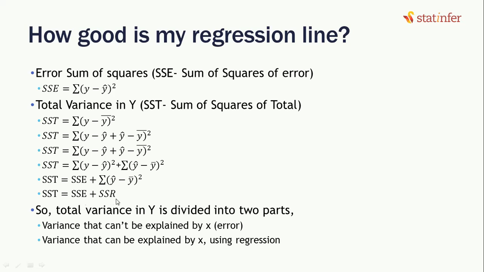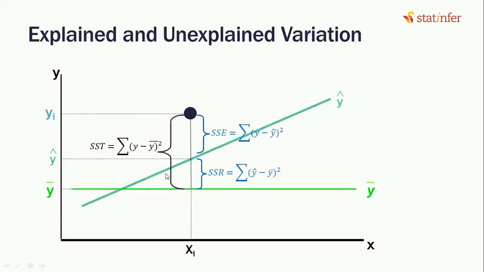We will understand it on the graph. This is our regression line, and this is our original data point y. This is the predicted data point, and this is the mean of y, which is y bar, the total mean of y. Now from the mean to the original value is our SST. We are going to compare the SSE to the SST.